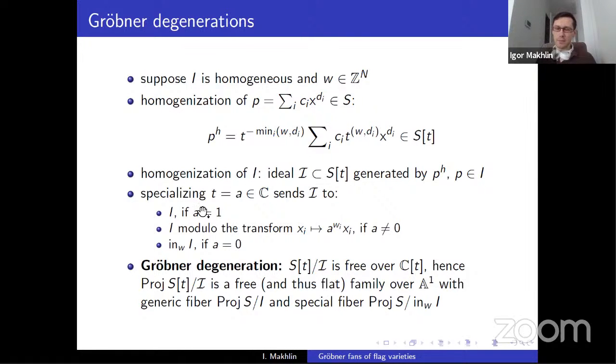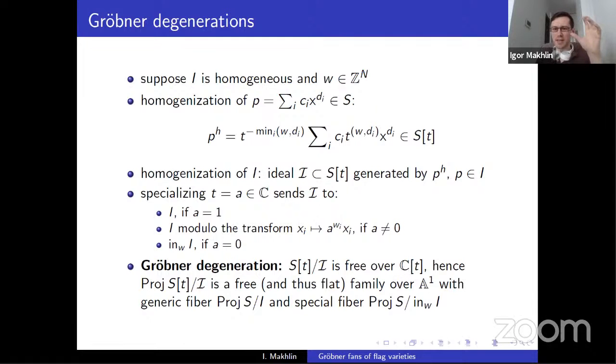And what this means, so we have this ring S[t] modulo fancy I, is that it is a ring over C[t], and there you can also specialize t.